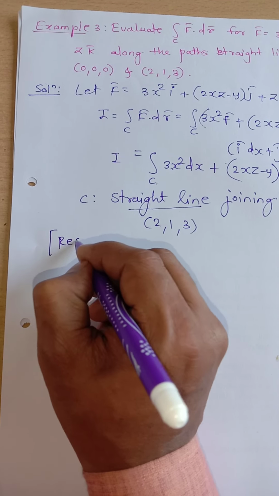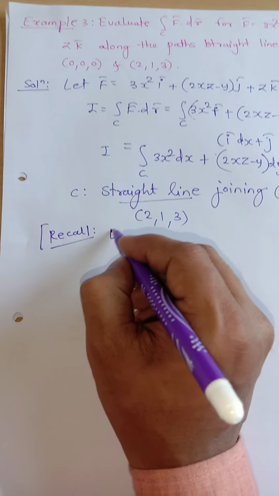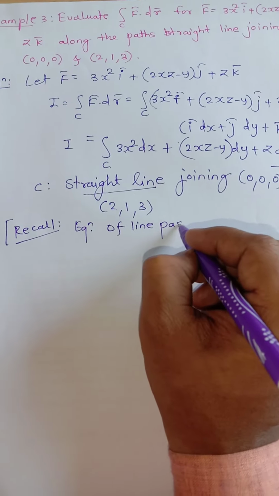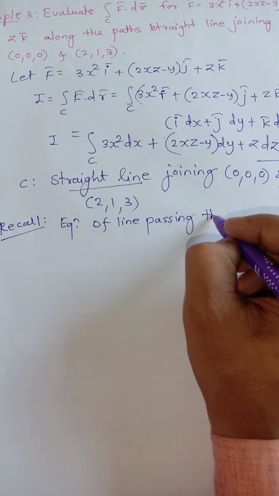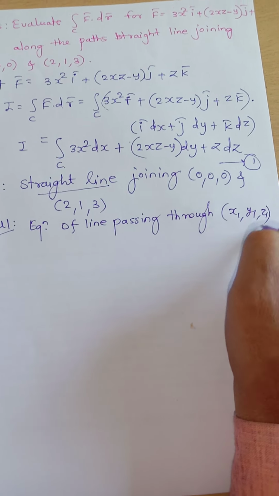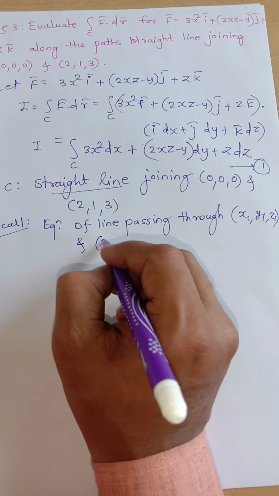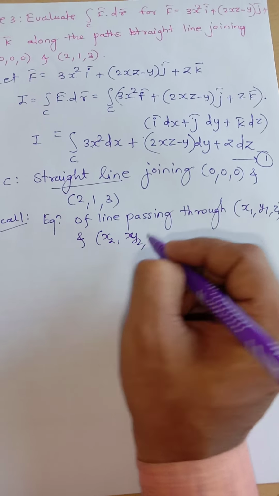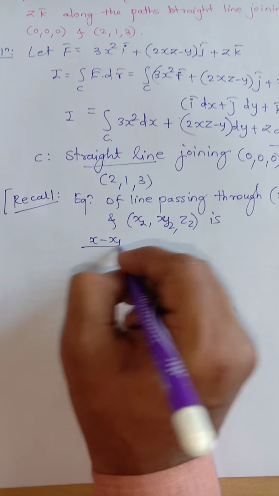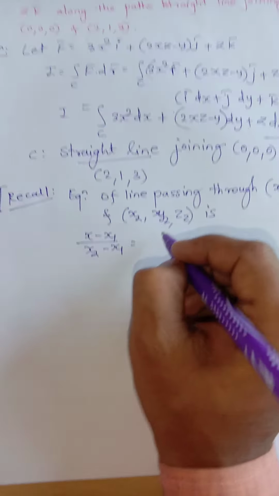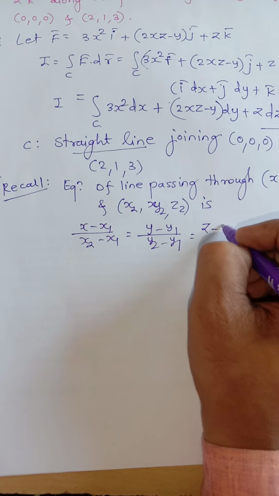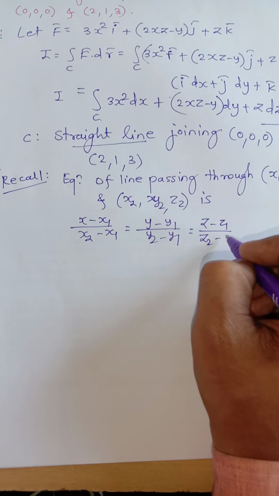Recall the equation of a line passing through the points x1, y1, z1 and x2, y2, z2 is (x minus x1) upon (x2 minus x1) is equal to (y minus y1) upon (y2 minus y1) is equal to (z minus z1) upon (z2 minus z1).